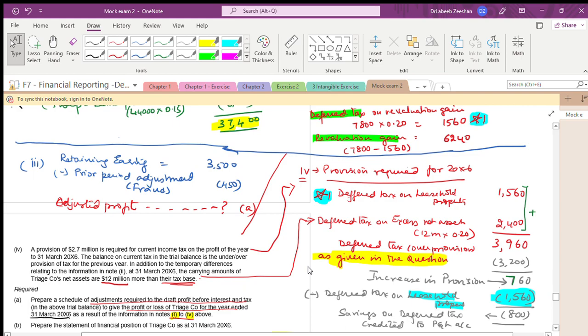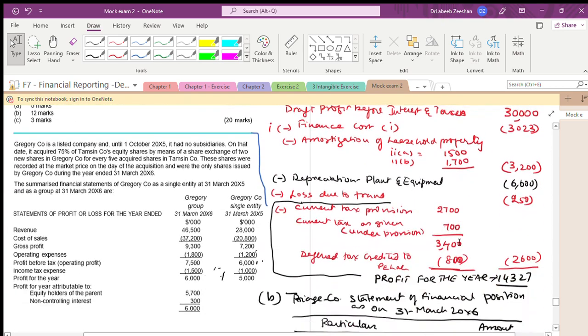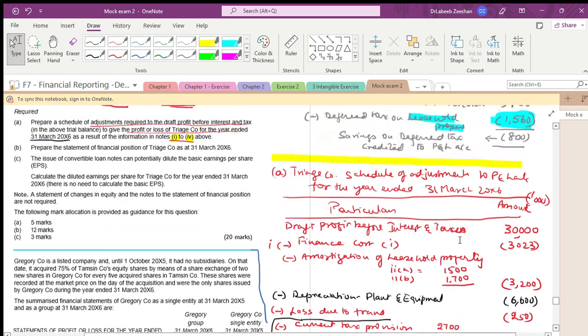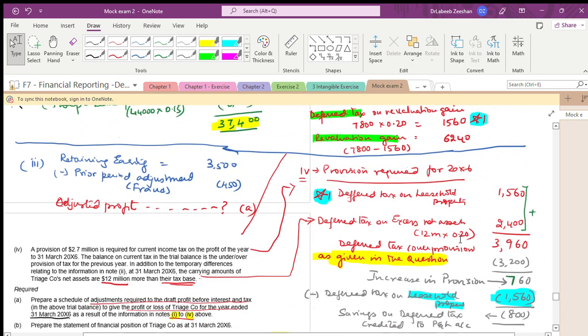How much is there? We have to take that profit for the year. How much did we get? Profit for the year, point A: 14,327. We have to take adjusted profit from A.